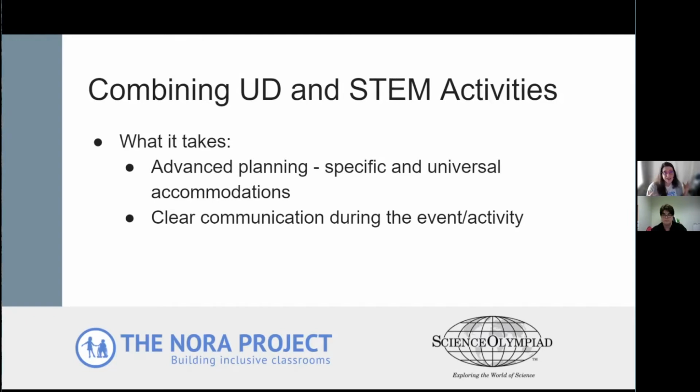And then the other thing that we need to think about when we're planning activities that take universal design into account is that we want to keep lines of communication wide open during an event. So facilitators should openly share about those universal accommodations that are being put in place so everyone knows what is available and what is provided.